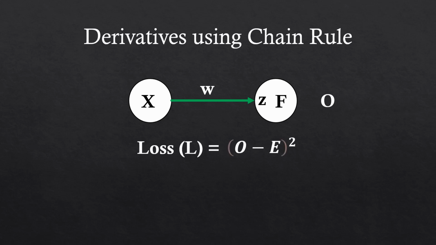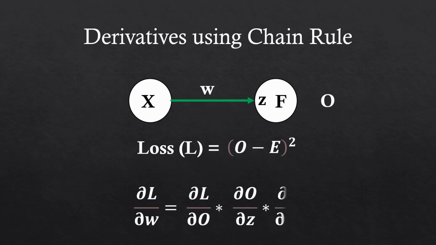We want to find the derivative of the loss function with respect to the weight W. Using the chain rule, we can calculate this as del loss over del O times del O over del Z times del Z over del W. Because the loss function depends on the model output, which in turn depends on the pre-activated output because of the activation function, and the pre-activated output depends on the weight W.